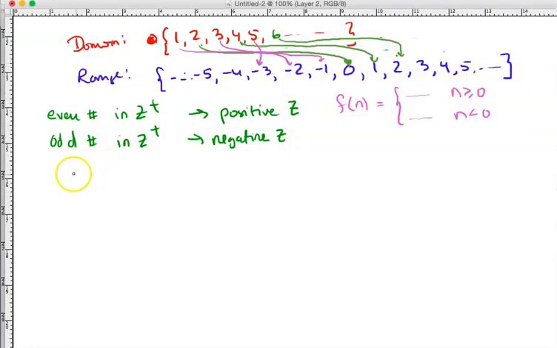What I paired up was the evens go with the positives. So 2 pairs up with 0, 4 goes with 1, and 6 goes with 2. Notice that these go by 2s and these go by 1s, so it looks like it's going to be a linear function. 8 is going to go to 3, and 10 is going to go with 4.